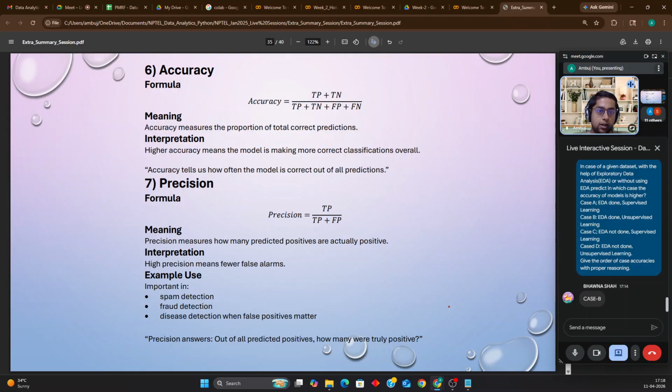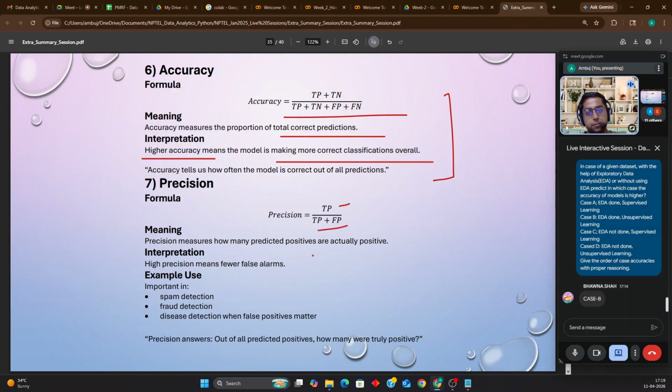Accuracy is true positive plus true negative divided by all the values: true positive, true negative, false positive, false negative. Accuracy measures the proportion of total correct predictions, and the interpretation is that higher accuracy means the model is making more correct classifications overall. Precision is true positive divided by true positive plus false positive.